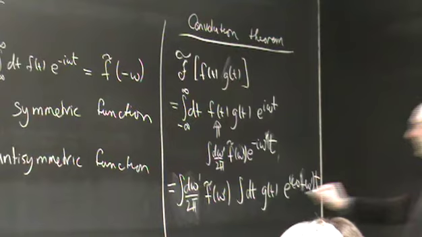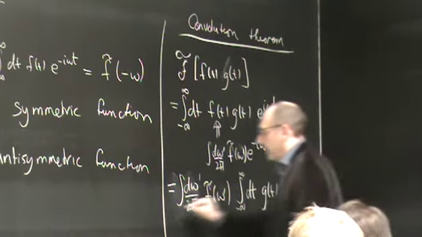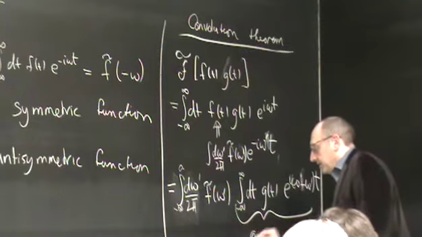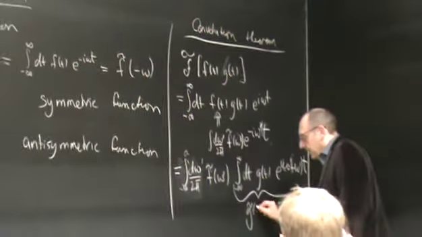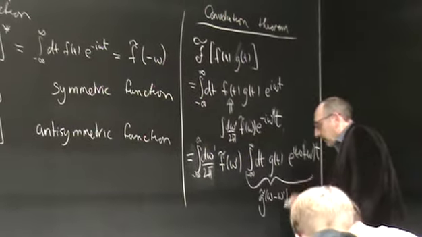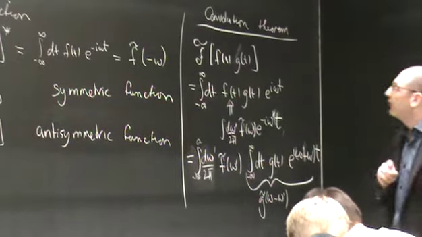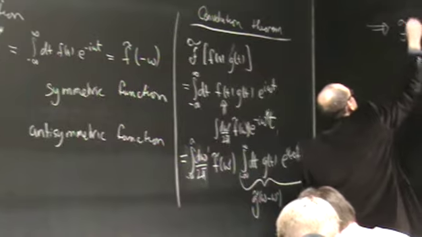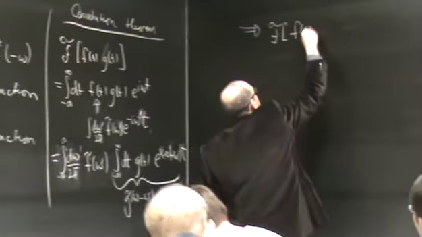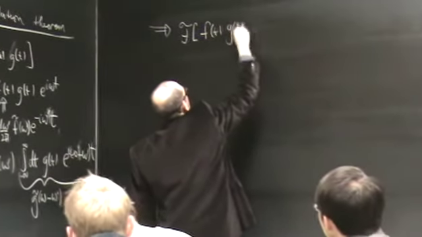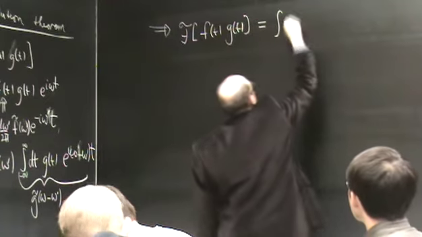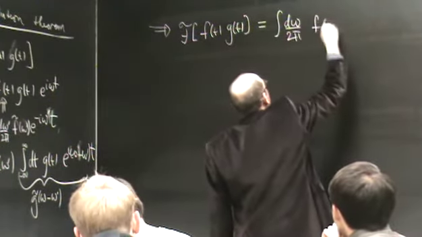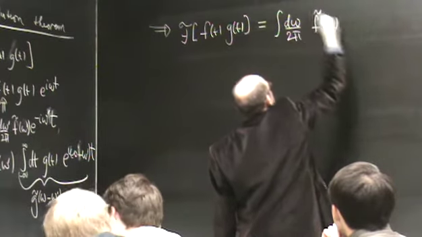And this, of course, everything is integrated from minus infinity to infinity, is equal to g tilde evaluated at omega minus omega prime. So the convolution theorem says that the Fourier transform of a product of functions is the convolution. Since this is now a dummy variable, I'll change it back to omega.